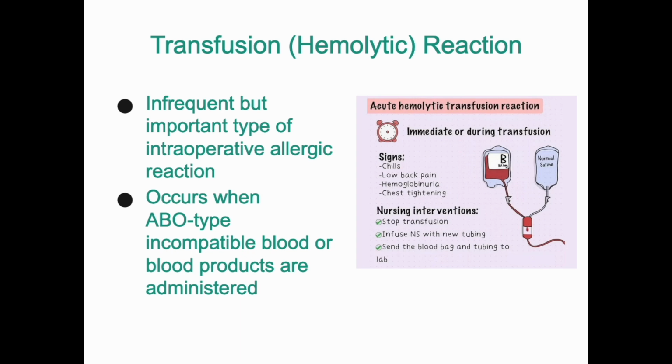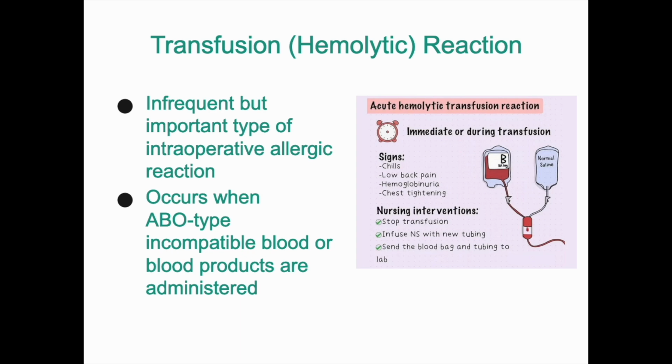We get into transfusion or hemolytic reactions. Again, rare, but an important allergic reaction that occurs when incompatible blood is given during surgery. They are marked by hypertension, which is high blood pressure, hemoglobinuria, which is blood in the urine, anuria, which is lack of urine, fever, and disseminated intravascular coagulopathy, which is DIC.